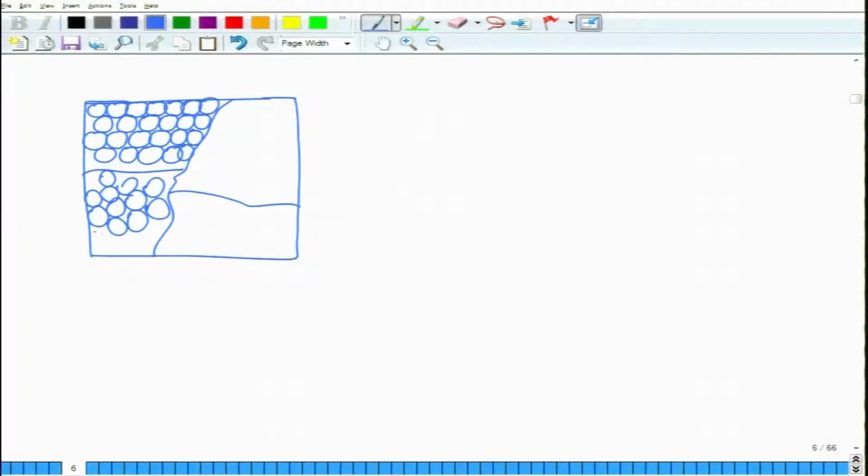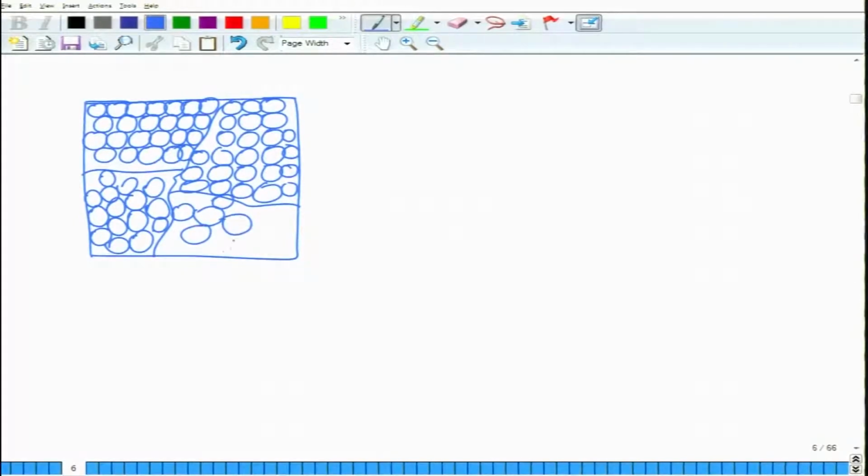So, this is another kind of orientation. You can have an orientation like this, and you can have another orientation somewhere here. So on and so forth.